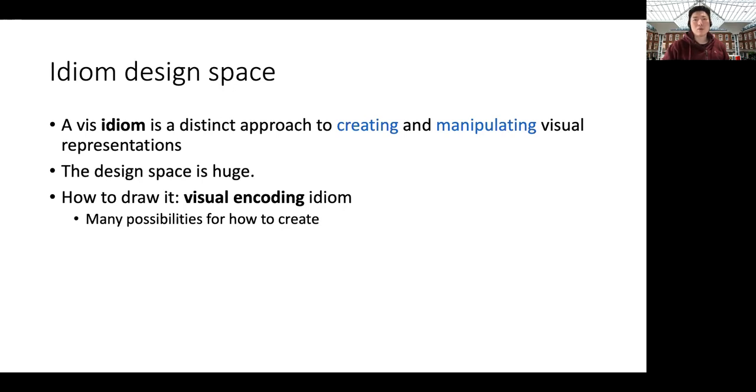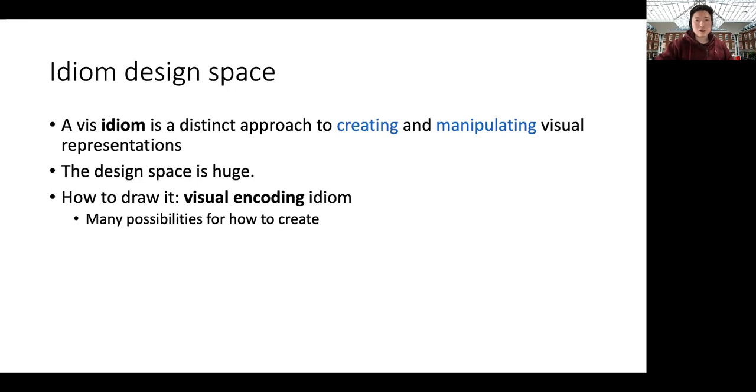So for this type of data or this type of task, what is the best way to design the visualization? And these are called idioms. These are just guidelines based on people's experience and current knowledge about how best to design a visualization, but they are not very strict rules.